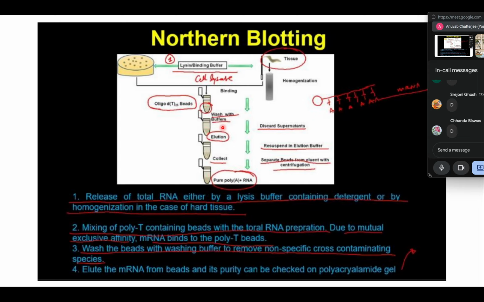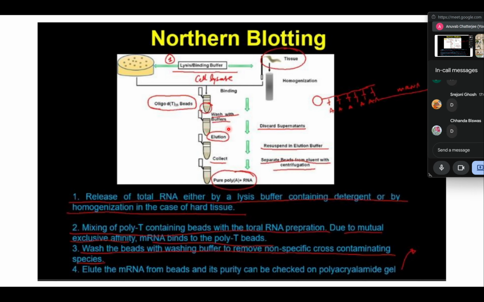So essentially, when you pour a lot of wash buffer on top of the tube, and the liquid comes out of the bottom, a lot of the salt will come out with it. So you do this multiple times to make sure that you remove all the salts that may be contaminating your mRNA. And finally, you add an elution buffer.